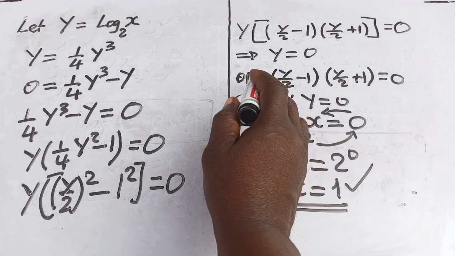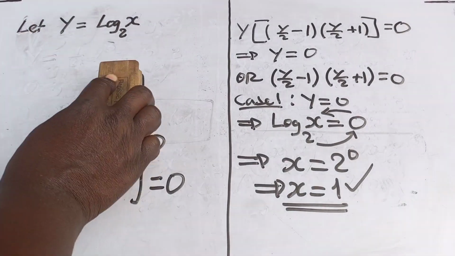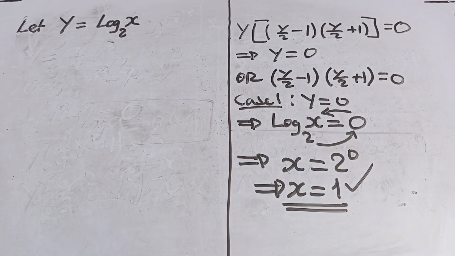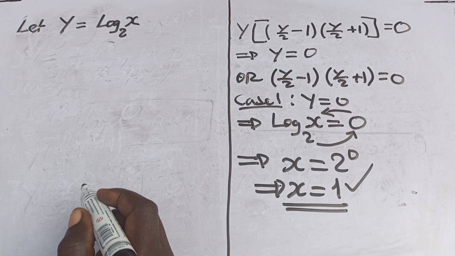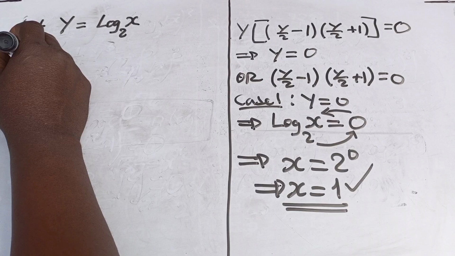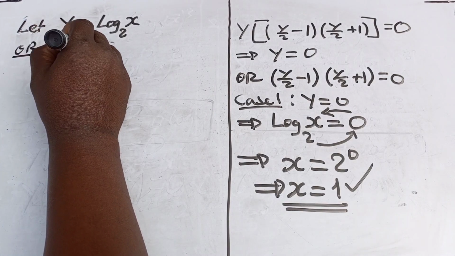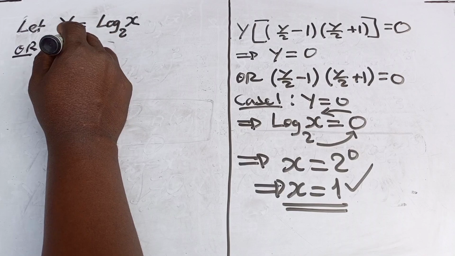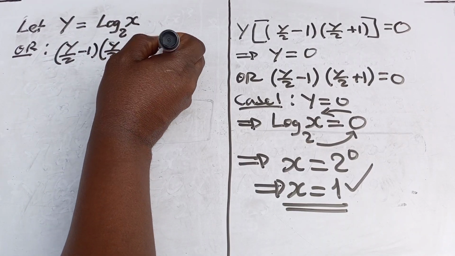Now let's take the second case. Y all over 2 minus 1 times y all over 2 plus 1 equals 0.